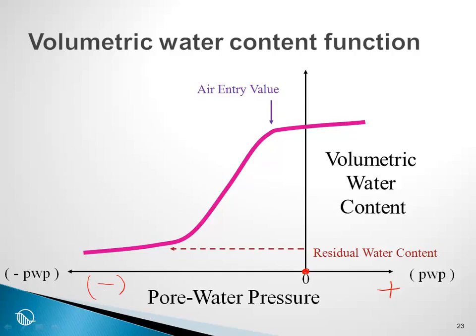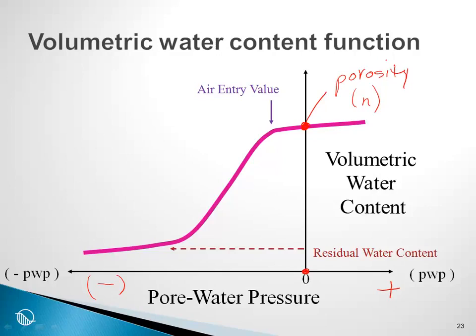And so when the pore water pressure is 0, we have a particular volumetric water content here, and this is equivalent to the porosity of the soil. It is a value that is quite easily determined for a soil sample, so it already gives us a really good anchor point on this graph to reference the function.